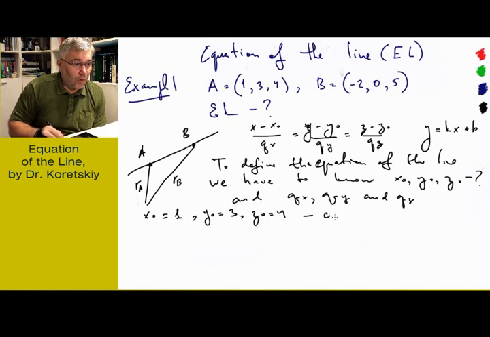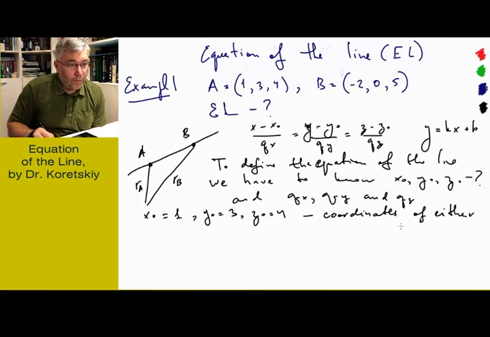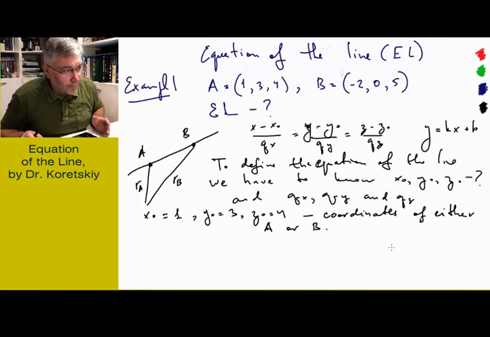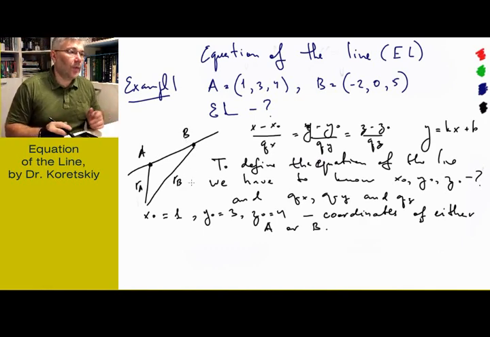In other words, they are coordinates of either A or B. It's your choice. I like A, so I took the coordinates of A.